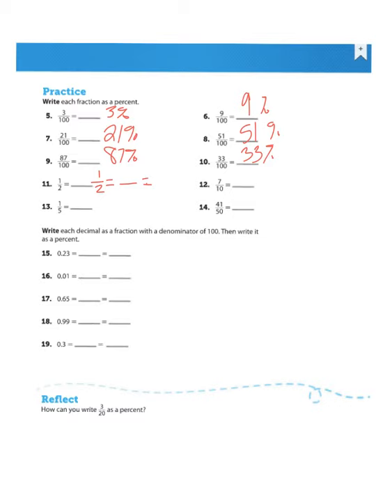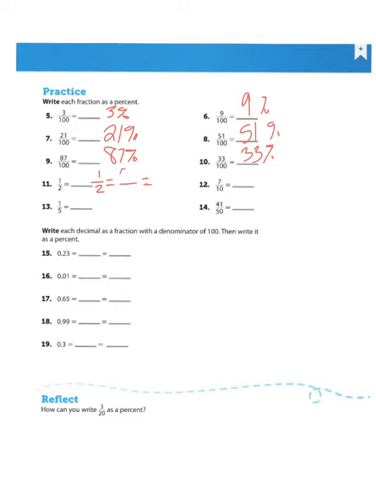Okay, so on number 11, 1/2, we're changing 1/2 to a percent. So we have to figure out, how do I get 1/2 as a percent? We have to get our denominator as 100. So what can I multiply the top and the bottom by? If you don't know what 2 times something equals 100, in your calculator, take 100 divided by 2, and that gets me 50.